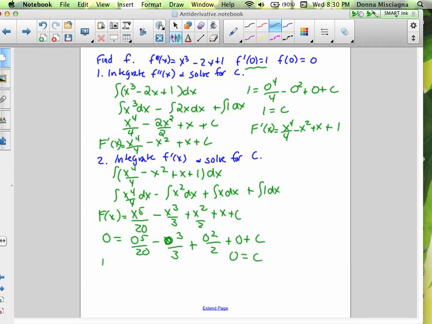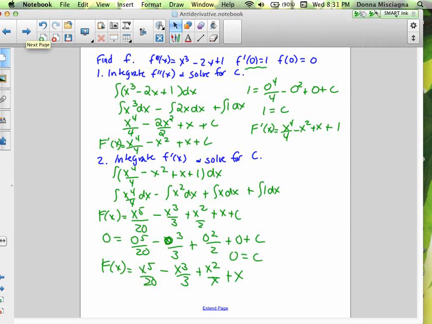And so that means our function is just what we had before, except no c, because c was 0. So our original function is x to the 5th divided by 20 minus 1/3 x cubed plus 1/2 x squared plus x, and that's it. That's all there is to it. Right? I might have one more example. I can't remember. Seemed to think there was one more.